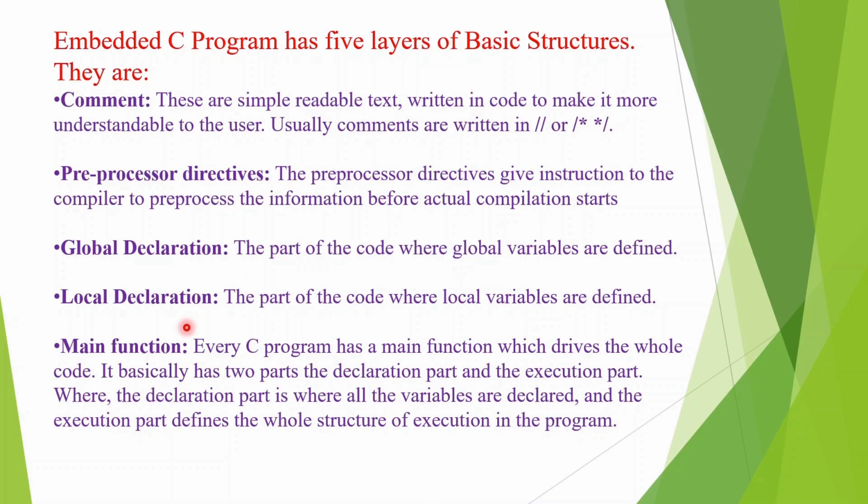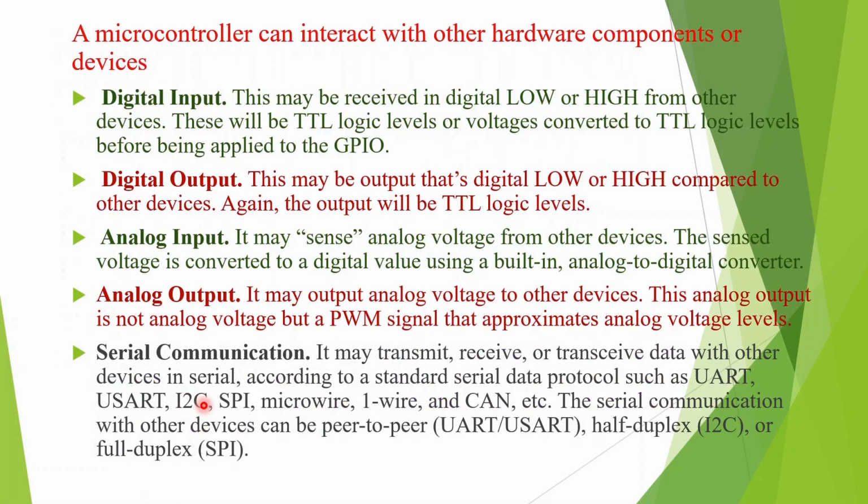Local declaration is the part of the code where local variables are defined. A main function, in every C program we write a main function to drive the whole code. It basically has two parts. One is the declaration part and second is the execution part, where the declaration part is where all the variables are declared, and the execution part defines the whole structure of execution in the program.